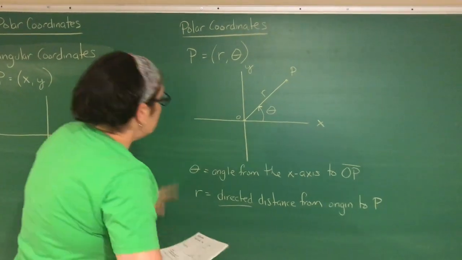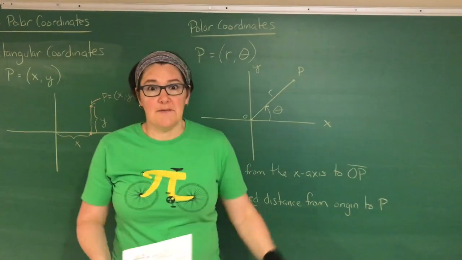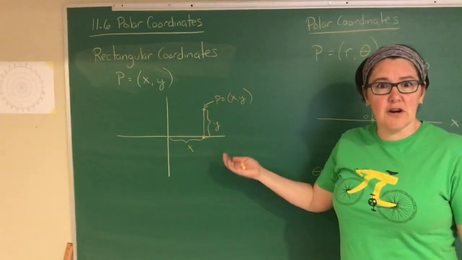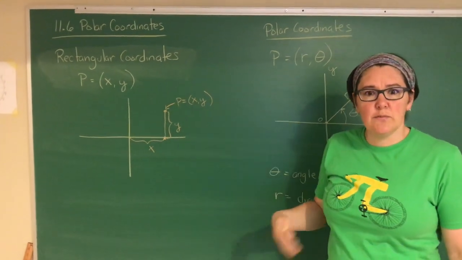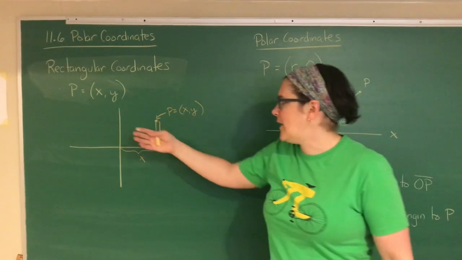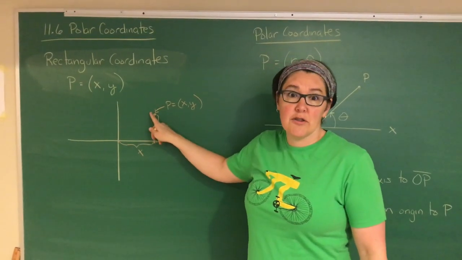Okay, so we want to get comfortable with plotting points. So we're kind of going back to the very beginning. Like when you first started talking about rectangular coordinates or the Cartesian coordinate plane, some of the first things you did was plot points. So given the point (3, 2), how do I plot that in the xy plane? I move over 3 and up 2, and I draw the point.